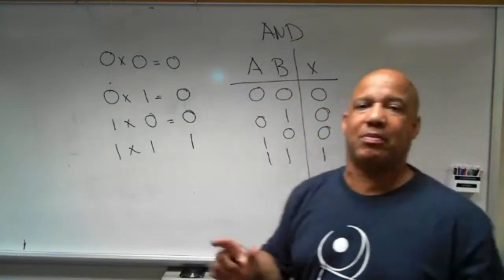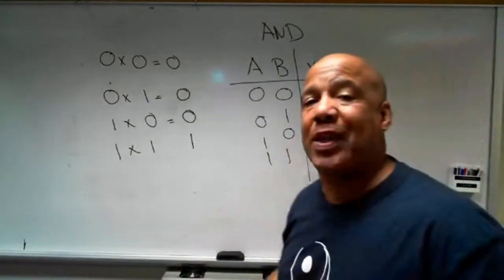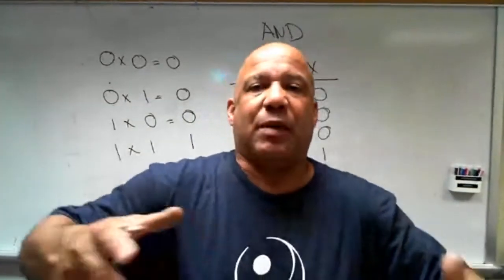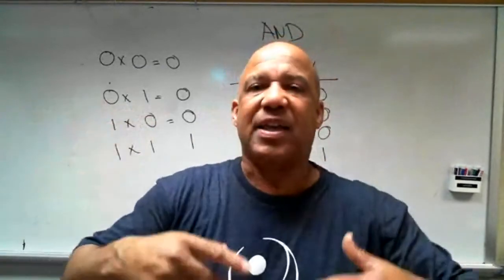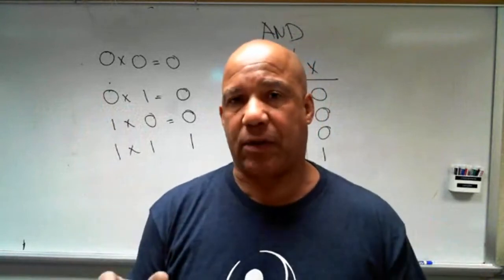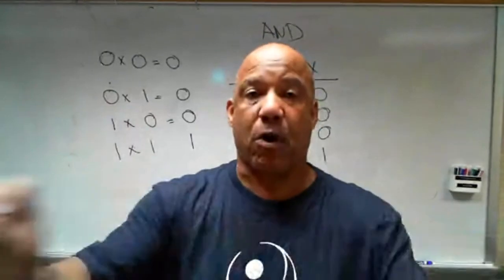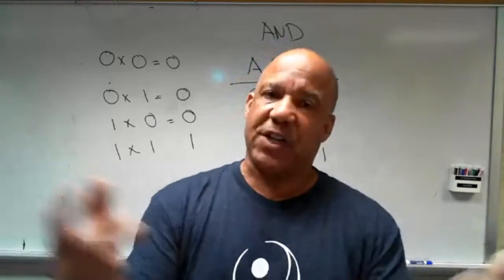So what we're going to do, this is down the road. I'm just showing you because it's interesting. What we want to do is be able to do algebra on these binary systems. There's a type of algebra we use called Boolean algebra. The way it fits in with PLCs is you're going to write logic programs, but you want the program to be as small and as efficient as possible.